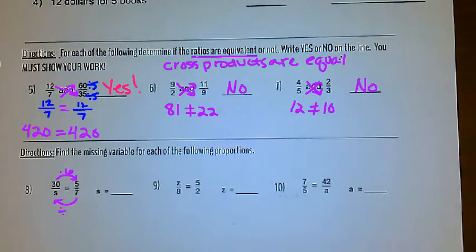Oh, sorry, it's early. Okay, we're dividing by 6 to get 5, and then multiply by 6, so 7 times 6 is 42. You can do it that way.